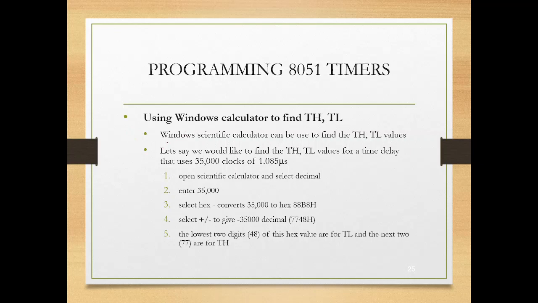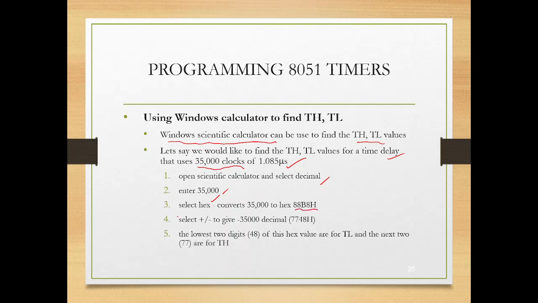For that, we can use the Windows scientific calculator, available on our laptops, to find TH and TL values. Say for example we have 35,000 clock pulses of 1.085 milliseconds as the time delay required. Open the scientific calculator and select decimal. Enter 35000 and select hexa. The hexa value is converted and we get 88B8H.